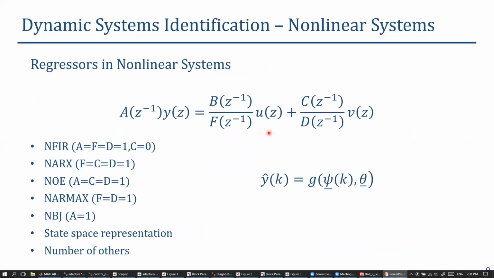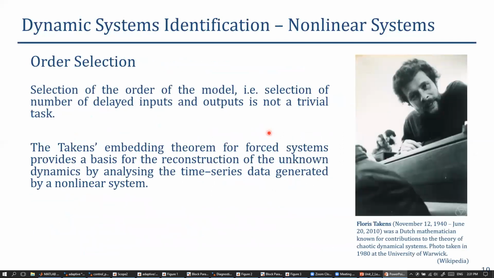And basically you will always end up trying it. So how many inputs and outputs should we select? But in general, the Takens theorem kind of tells us how to select the order, right? The Takens theorem is named after Floris Takens, the Dutch mathematician. He was doing something completely different.